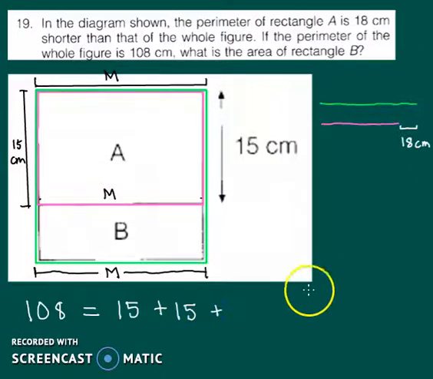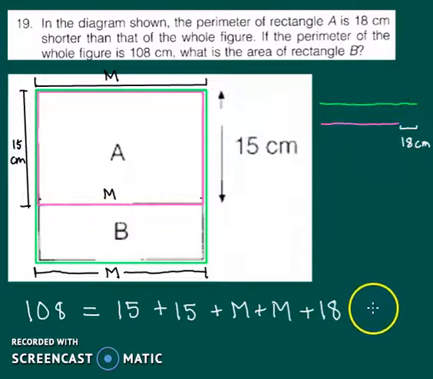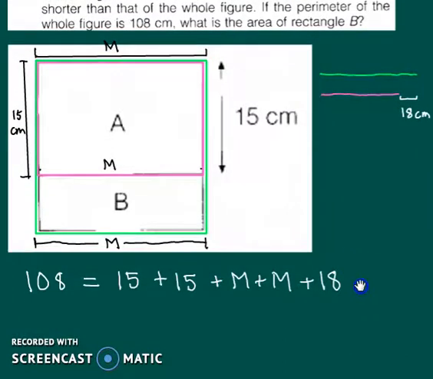And then I have this length called M at the top and at the bottom of rectangle A, so I have to add that twice, 2 of the M. And then I know that there are 18 centimeters left over. So the perimeter of rectangle A is 18 centimeters less than the perimeter of the entire figure of A and B added together.